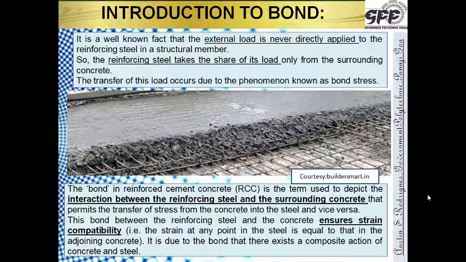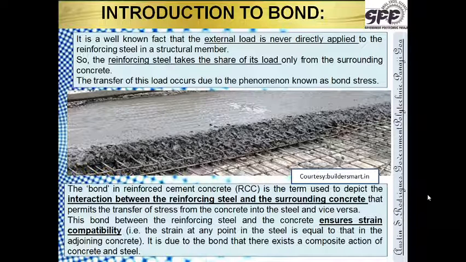The strain in steel has to be equal to the strain in concrete. Only then can the stress transfer occur. So the bond between reinforcing steel and the concrete ensures that strain compatibility exists. That is, the strain at any point in the steel is equal to that in the adjoining concrete next to it, at the same level.